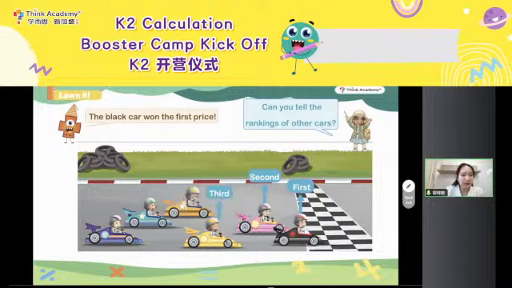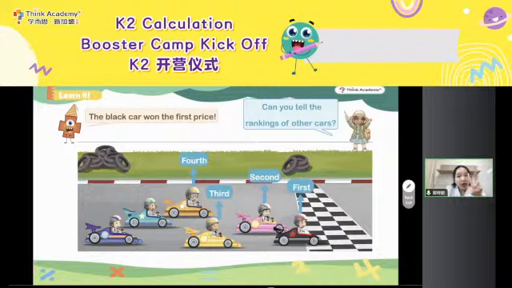So you have successfully used ordinal numbers to tell the rankings of all the cars. Who comes first? Who is number one? Who is number two? Who is number three? Et cetera.